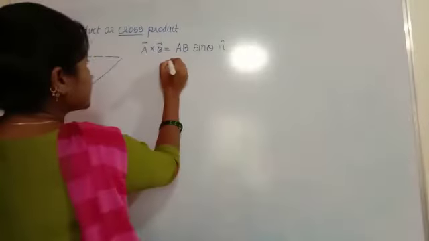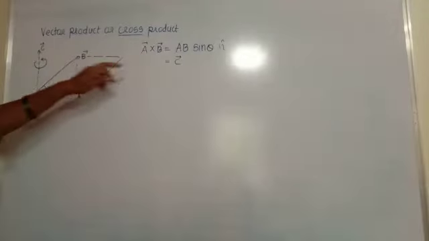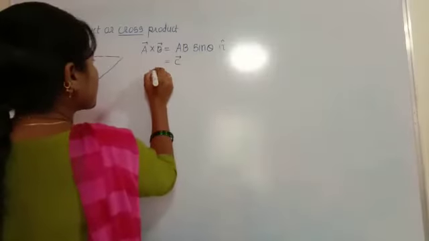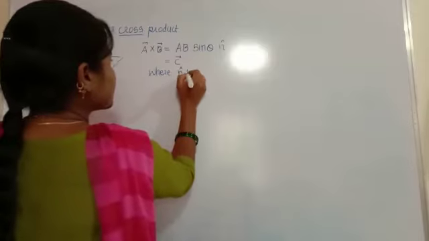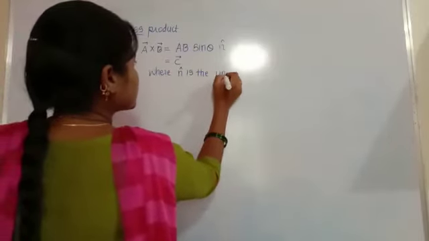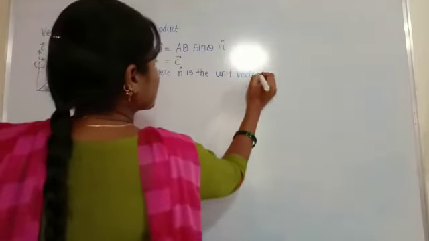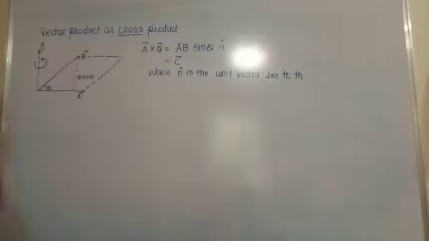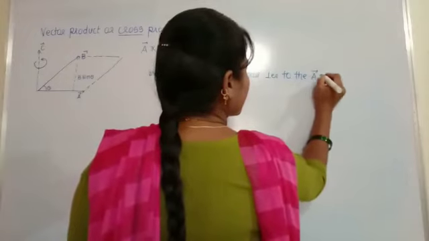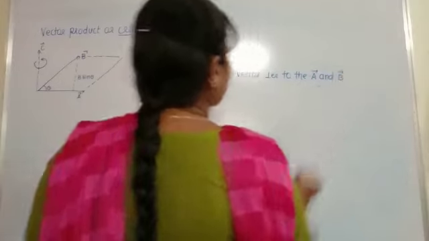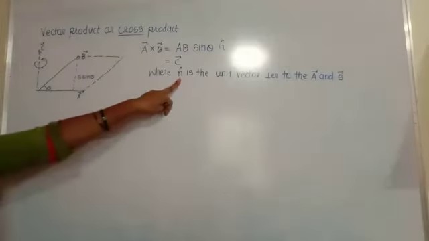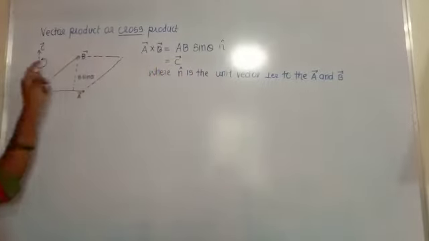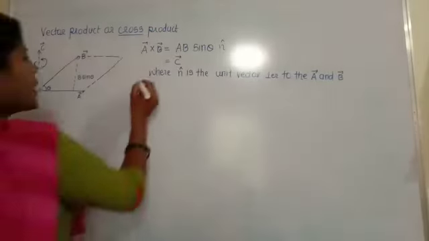This can be written as vector C, so vector C is nothing but AB sin theta n, where n is the unit vector perpendicular to vectors A and B, in the direction of vector C. So the vector product A cross B equals AB sin theta n, which is nothing but the vector C.